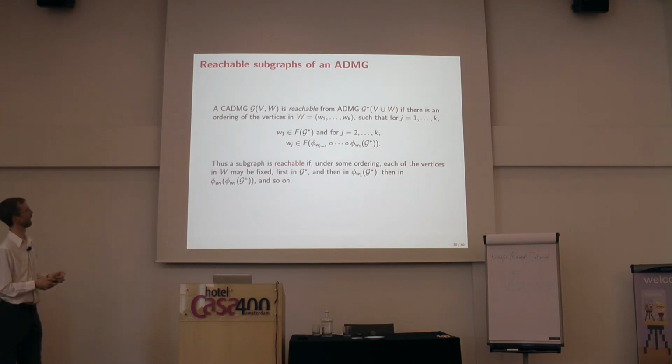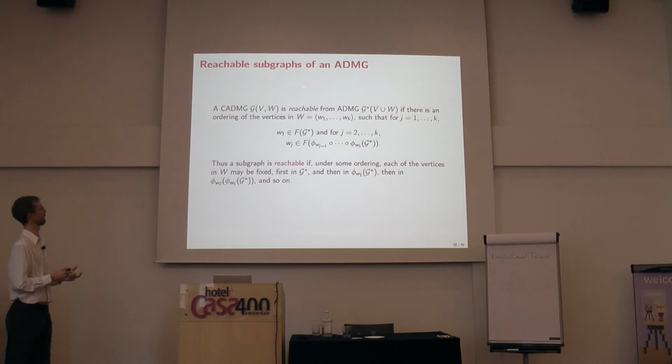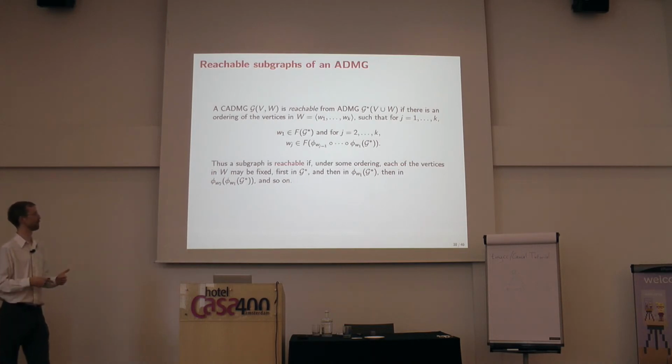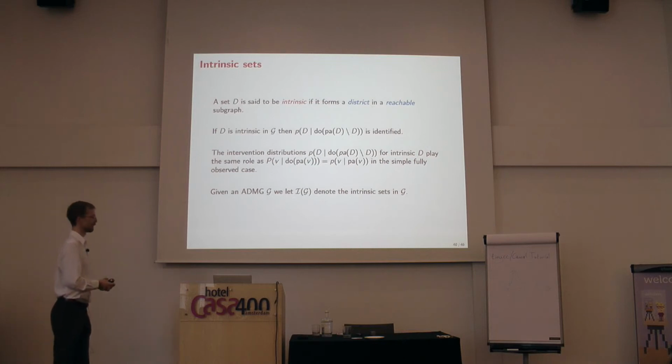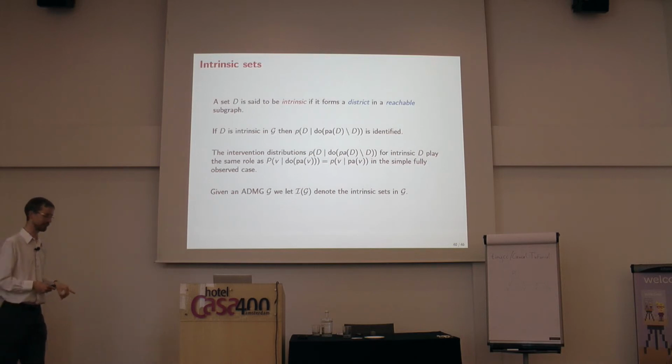So I'll say that a graph G(V, W), where these things W are fixed, is reachable from some original graph G star if there's some ordering of the vertices in W such that I can fix each one and get to this graph G(V, W). So a subgraph is reachable if under some ordering each of the vertices in W may be fixed first in G, then in phi_1 of W, G star, and so on.